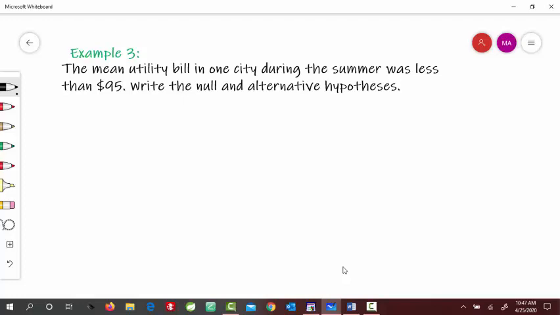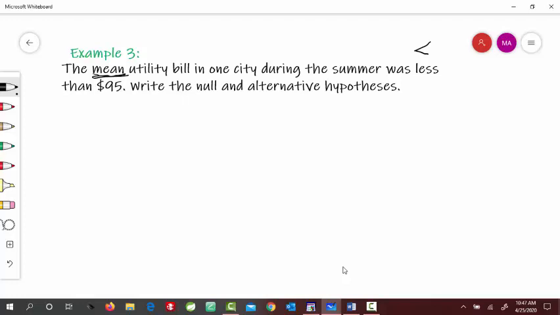The mean utility bill of one city during the summer was less than $95. So the symbol for the alternate hypothesis would be less than, and the parameter here is the mean, mu.